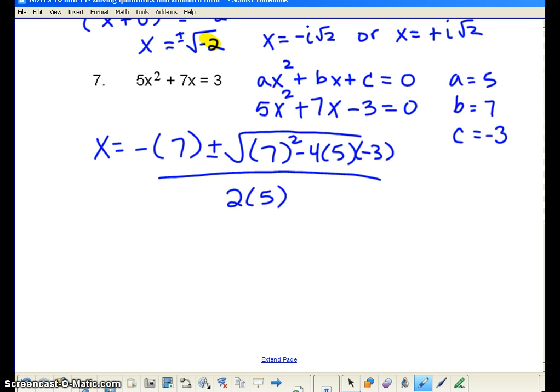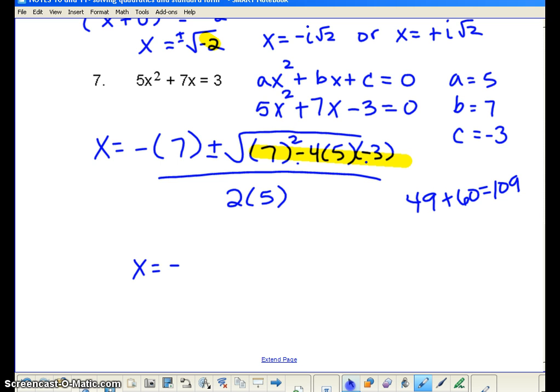If I stick to the discriminant, that's going to give me 49, and negative times negative is positive, so 20 times 3 is 60, and that equals 109.